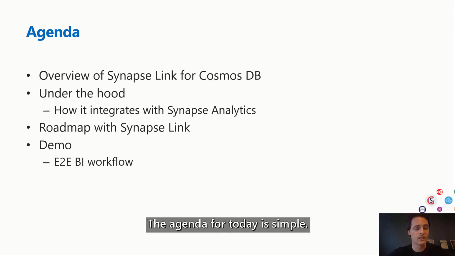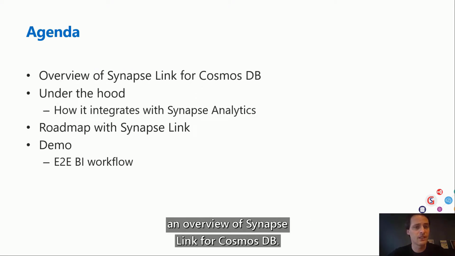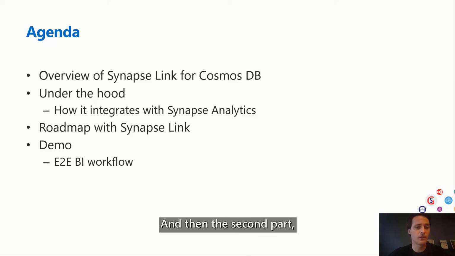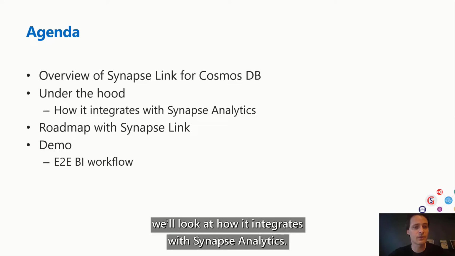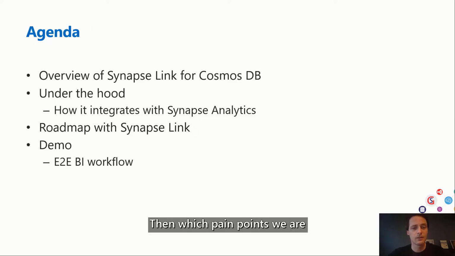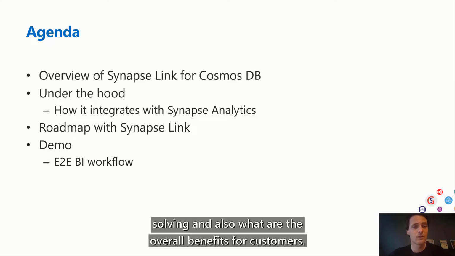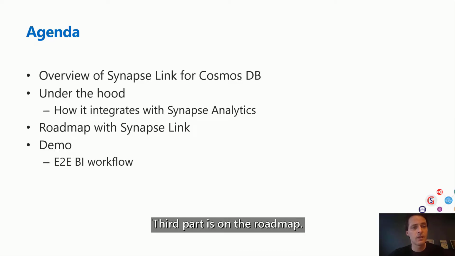The agenda for today is simple. As the first part, we'll have an overview of Synapse Link for Cosmos DB. And then the second part, we'll look at how it integrates with Synapse Analytics. There we will see which pain points we are solving, and also what the overall benefits for customers are. The third part is around the roadmap.